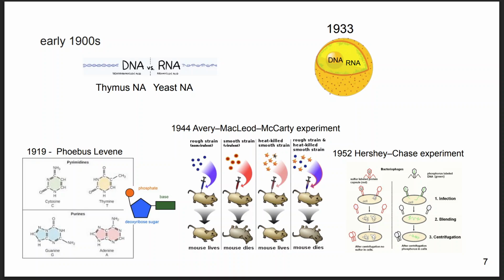By heat-killing, we destroy all the proteins in the bacteria, and they injected the mouse. The mouse didn't die, but then they also used this heat-killed pathogenic bacteria, which is everything but proteins, since proteins are destroyed, together with the non-virulent strain of the same bacteria. And when injected together, mice died again.